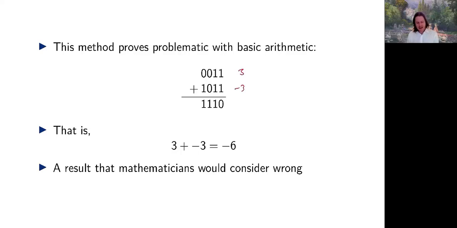And when we add them together, we get negative 6, because this here is going to be 4 plus 2 plus 0. So that's 6. And then we look at this sign bit, and that's negative 6. And well, this is a result that mathematicians would consider very wrong.